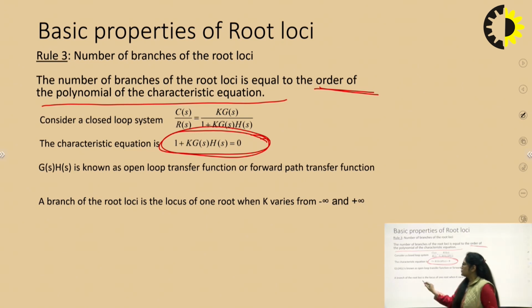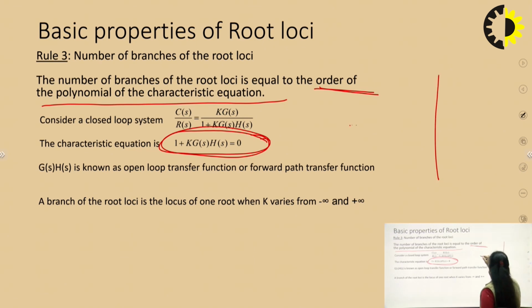A branch of the root loci is the locus of one root when K varies from minus infinity to plus infinity. So, how many branches are there? For example, we have 3 poles, so there would be 3 branches because there are 3 poles.